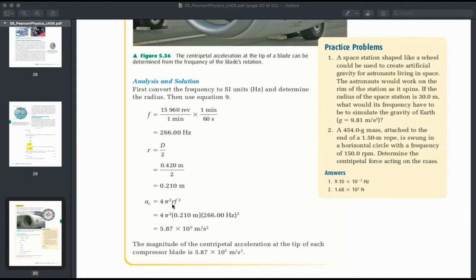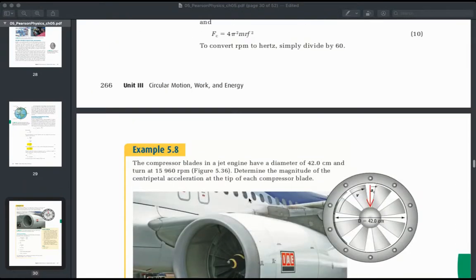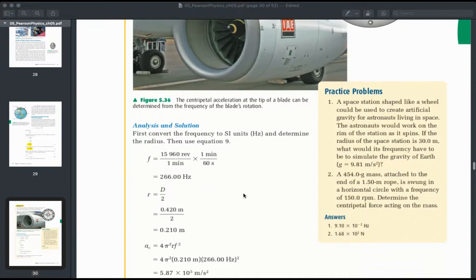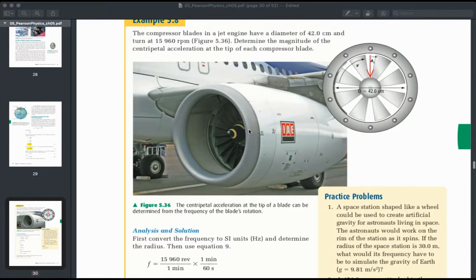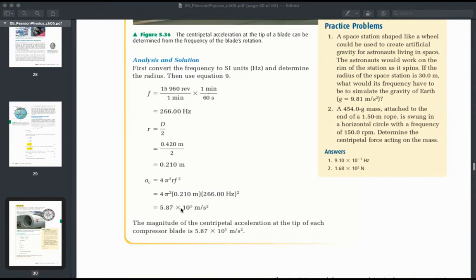So you substitute that for the radius, use the 266 hertz for the frequency, and you find out that you have this huge 5.87 times 10 to the fifth meters per second squared acceleration of the compressor blade in a jet engine. And if we knew the mass of this compressor blade, it looks like it's fairly massive, we could multiply that acceleration by the mass to find the centripetal force.